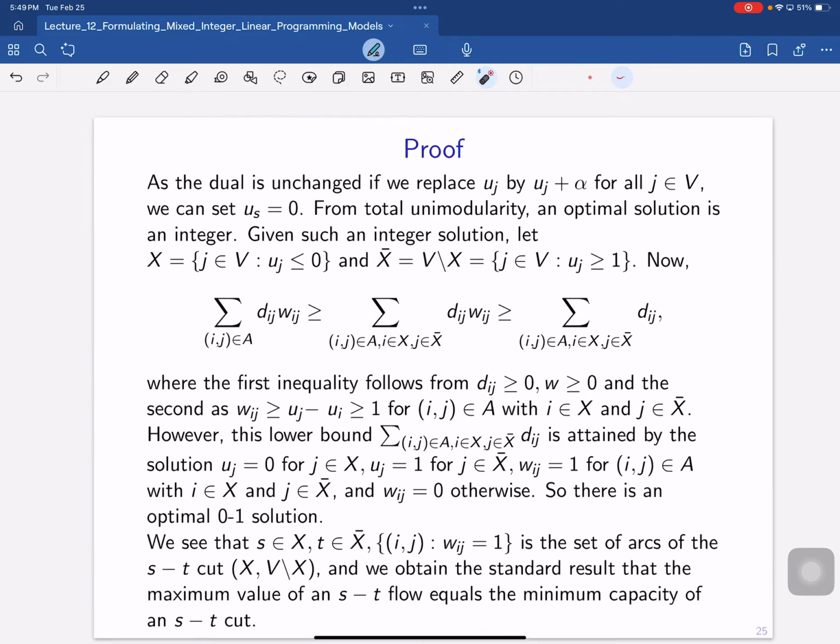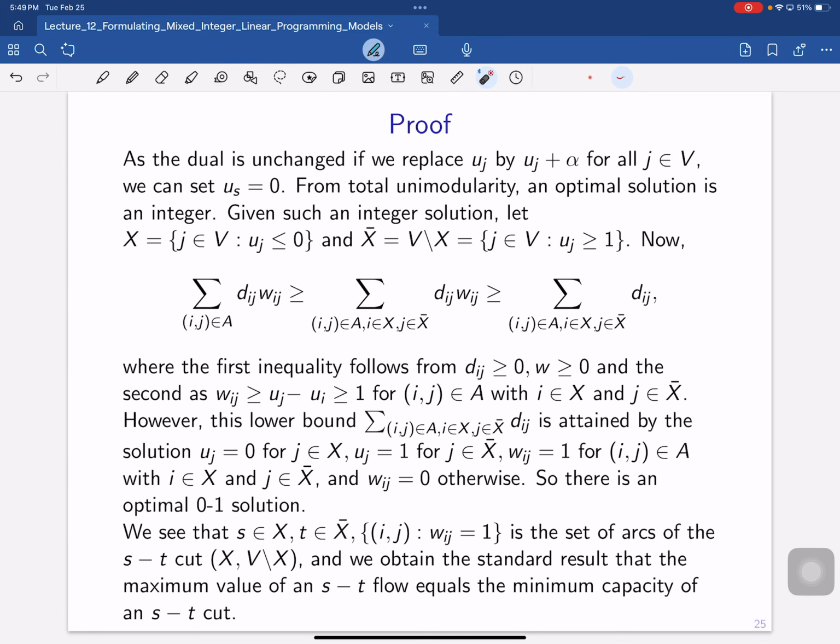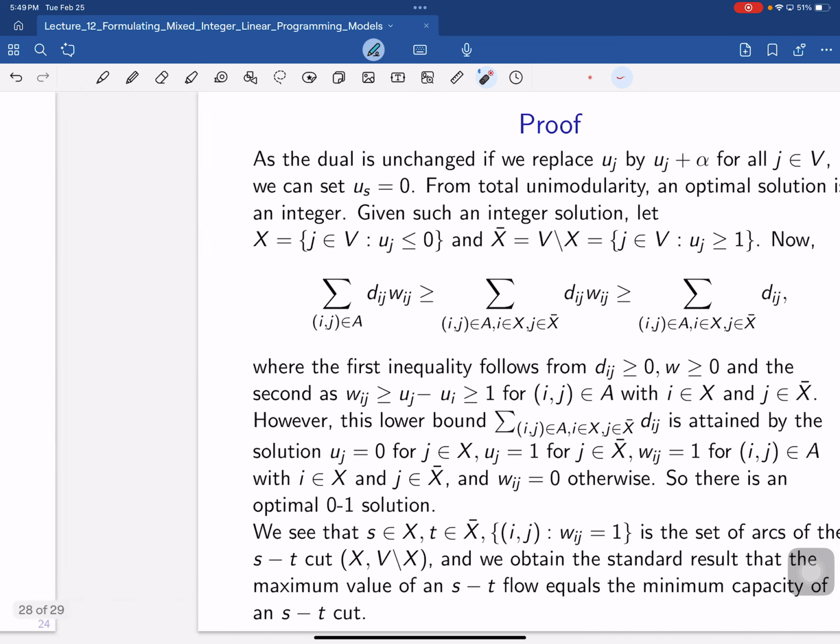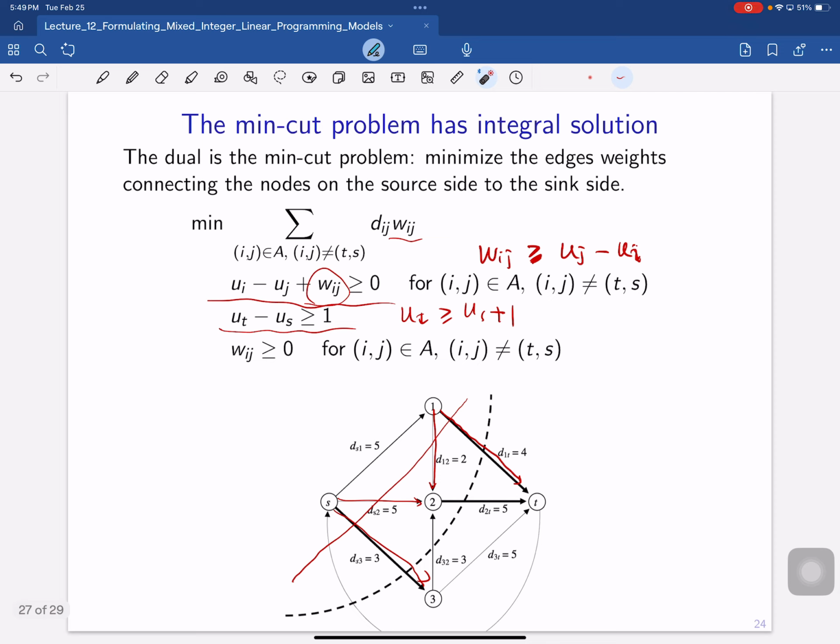If you are curious about it, you could read about the proof in a bit more detail. But the takeaway here is that total unimodularity is an interesting property. Some very special problems satisfy this property, like the min cut problem. Then you don't need to enforce the integrality constraint in those problems.